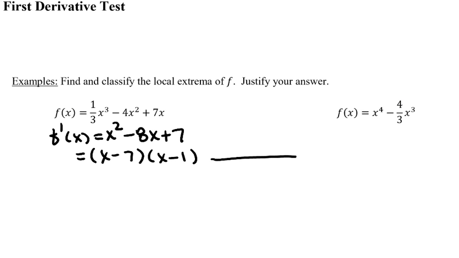This is going to be a sketch of f prime of x. I know that it's a parabola that opens upwards because it's second degree with positive leading coefficient, and it's going to have zeros at 1 and 7. So here I am drawing it. Then I'm going to label the zeros at 1 and 7.